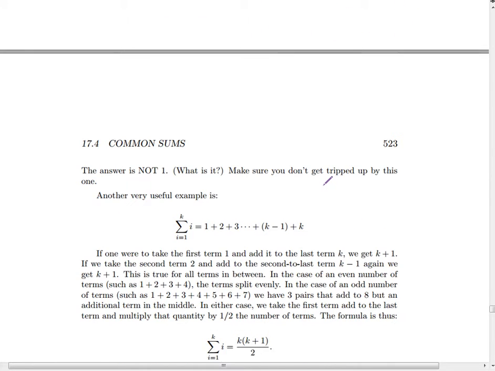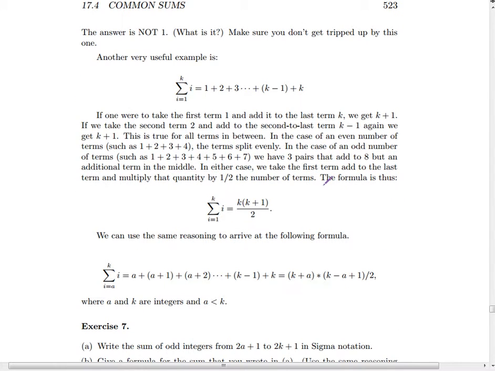Let's look at our next example. The sum of the integers from 1 up to k is denoted by this sum here. To show the technique of evaluating these sums, let me do 1 up to 7.